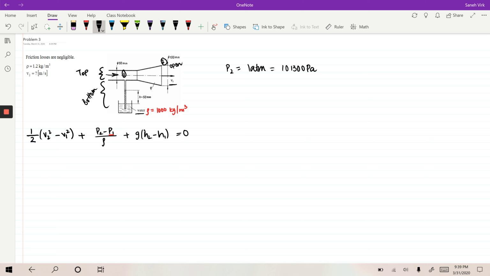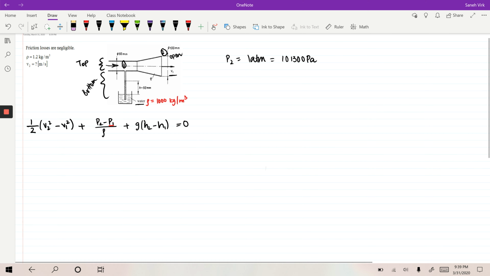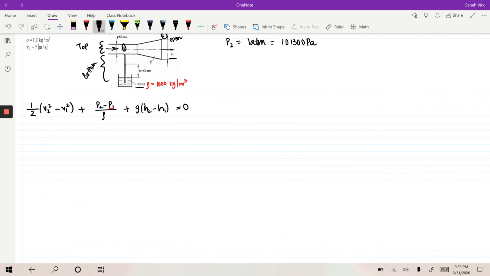For the P1 portion, we need to make sure that we count the effect of the manometer portion right here. So how do we do that? P1 equals P ATM, which is atmospheric pressure, plus rho GH.